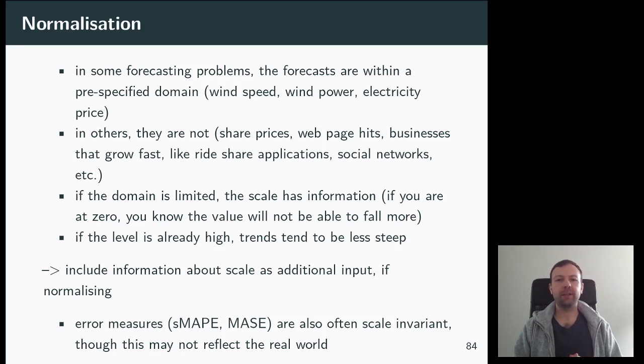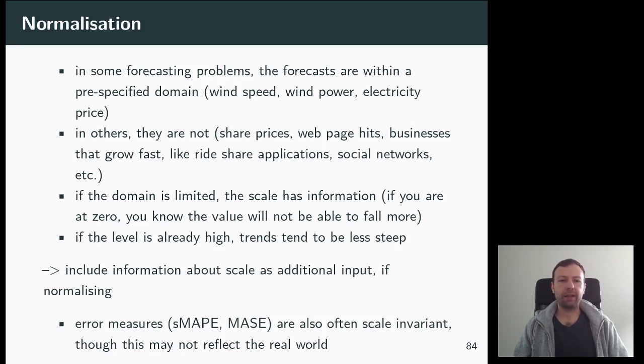What does it mean for a small company with 50 customers to triple their sales, compared to a company like Facebook tripling their user base? Usually, if the level is already very high, the trends tend to be less steep. Again, if you normalize, you are losing this scale information, so the solution is to put information about the scale back in as an additional input.